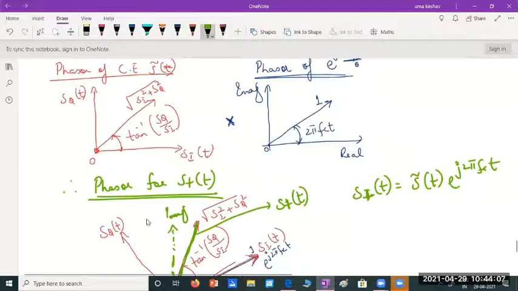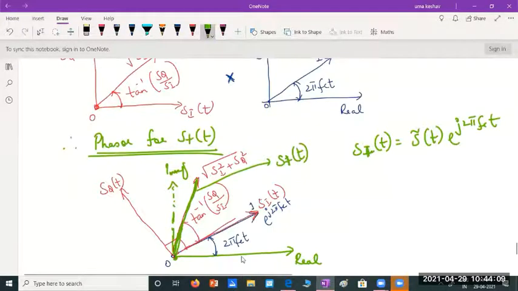And finally, we have drawn the phasor for the pre-envelope by overlapping complex envelope phasor on the e power j theta phasor, which is now written like this. Is it clear?